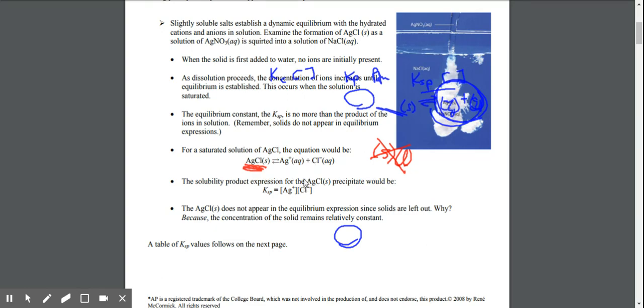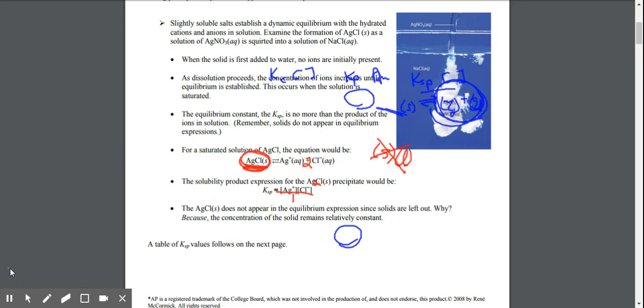Now, what if I had a 2 coefficient? Well, I still raise it to the 2 power, if that's the case. So the way I write my K expressions are no different from before. The only reason why they look a little different is because you're always going to be starting with a solid as your reactant. So you're never going to have anything on the bottom of your Ksp expressions. I hope that makes sense to you.